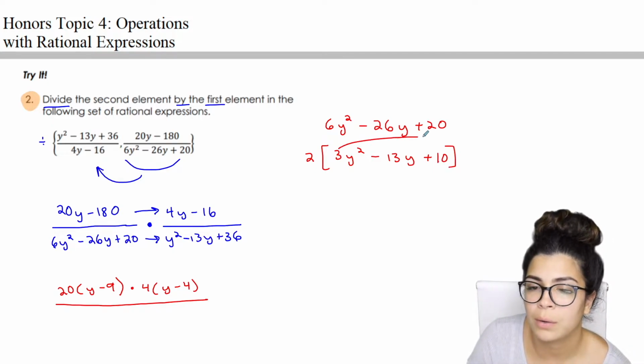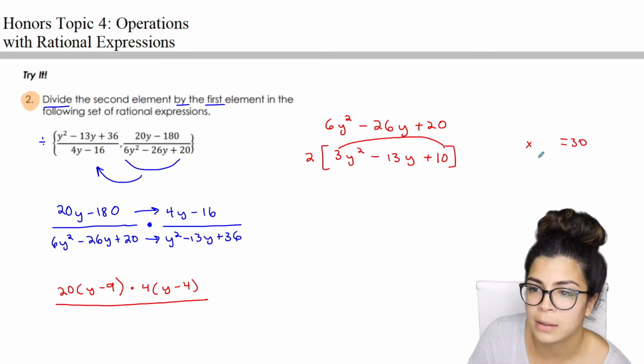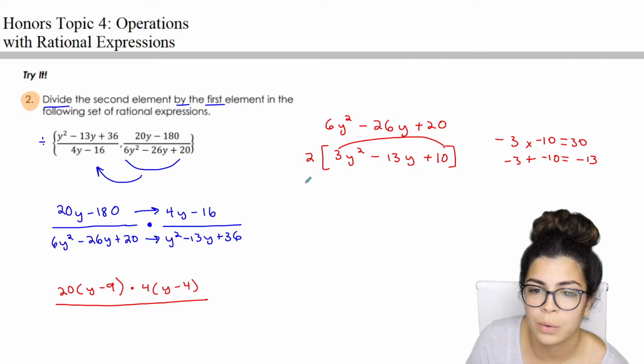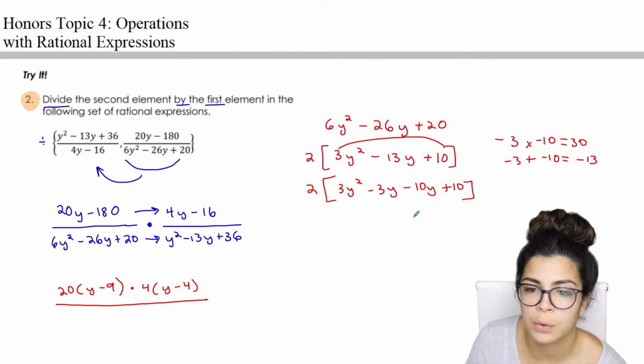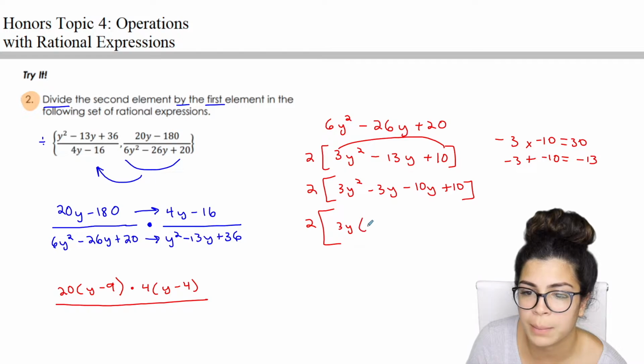I can rainbow over. 2 numbers that multiply to 30 and add to -13 would be -3 times -10, -3 plus -10. So if I break up the middle into -3y minus 10y, I can group to factor. 3y would factor out from these two, leaving me with y minus 1.